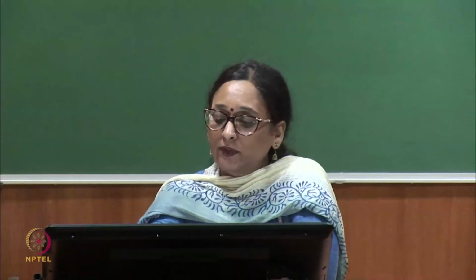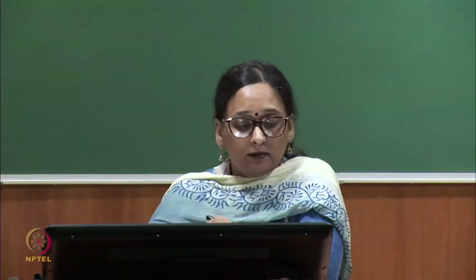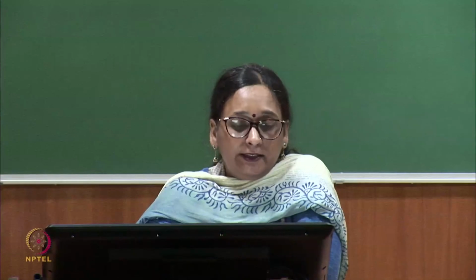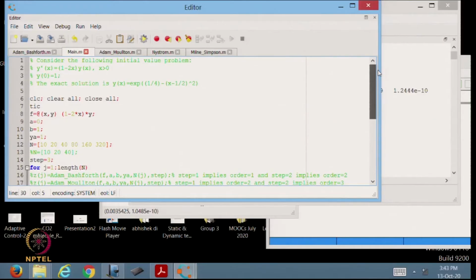So, that is the analysis of every difference scheme under different categories: Adams-Bashforth, Adams-Moulton, Nystrom, Milne-Simpson's we have done. We have verified numerically the order of each difference scheme. Okay. So, we have determined the order, and we have also seen how these difference schemes are converging with respect to one particular example.